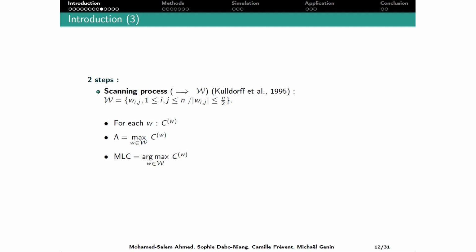Concentration index means, somehow, a statistical test that is able to detect the cluster. And what I call MSC would be now the argmax of this concentration index over the clusters. And there are different types of tests used.